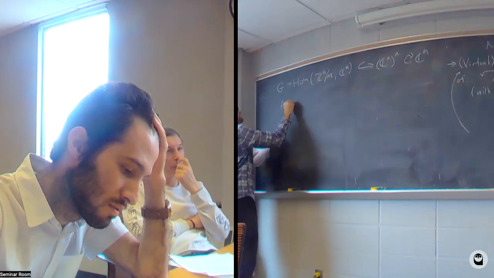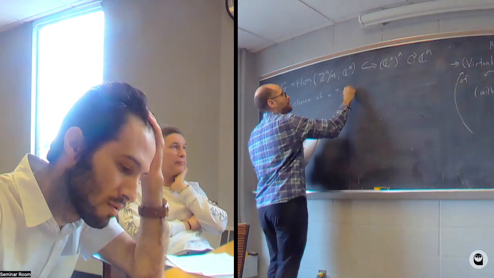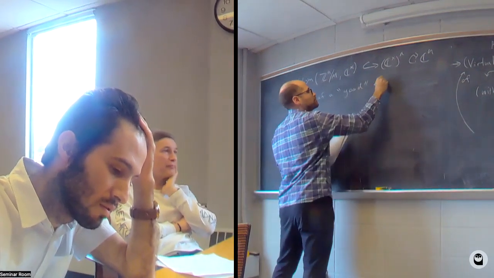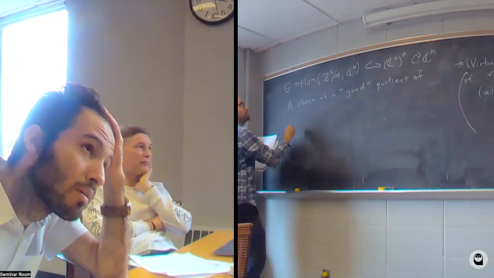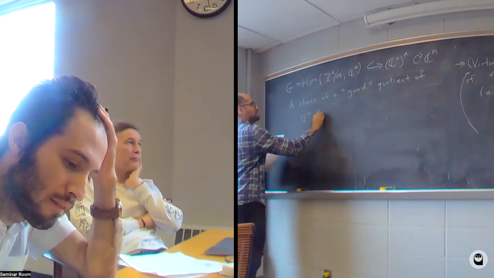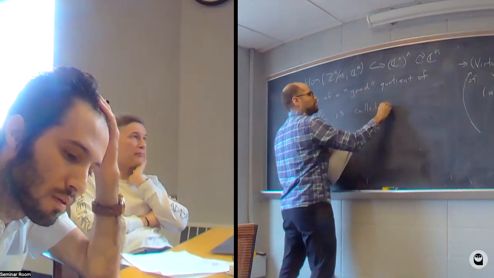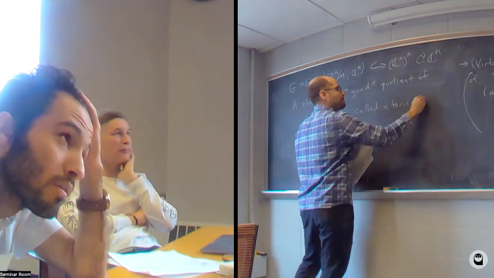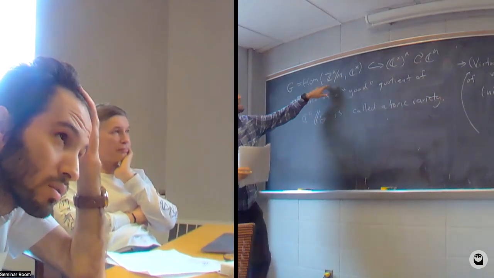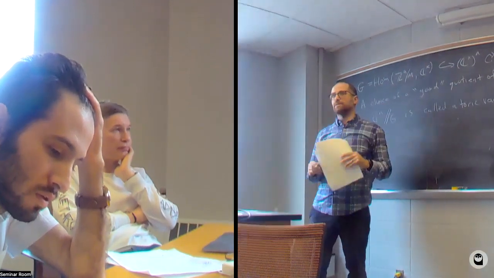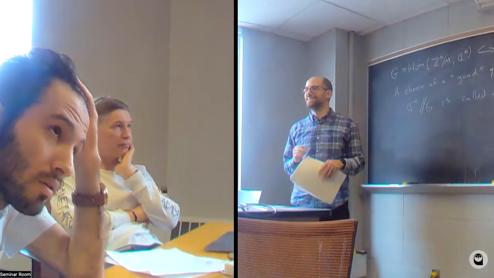And I'll say a choice of good quotient of C to the n by G is called a toric variety. So it's just the orbit space of this action on C to the n, but it's a good choice of that orbit space. In algebraic geometry, you have to make some choices.